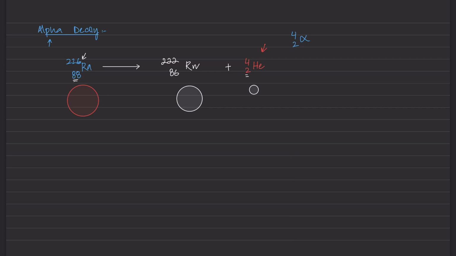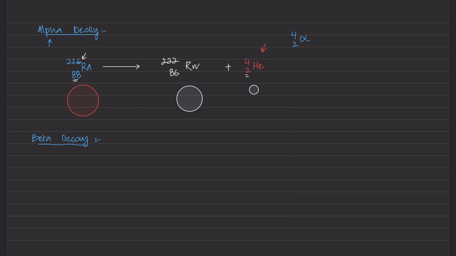So this is an example of an alpha decay. In alpha decay, we have a loss of 2 in the proton number and a loss of 4 in the nucleon number. Moving on, the second type of decay that we have is beta decay.